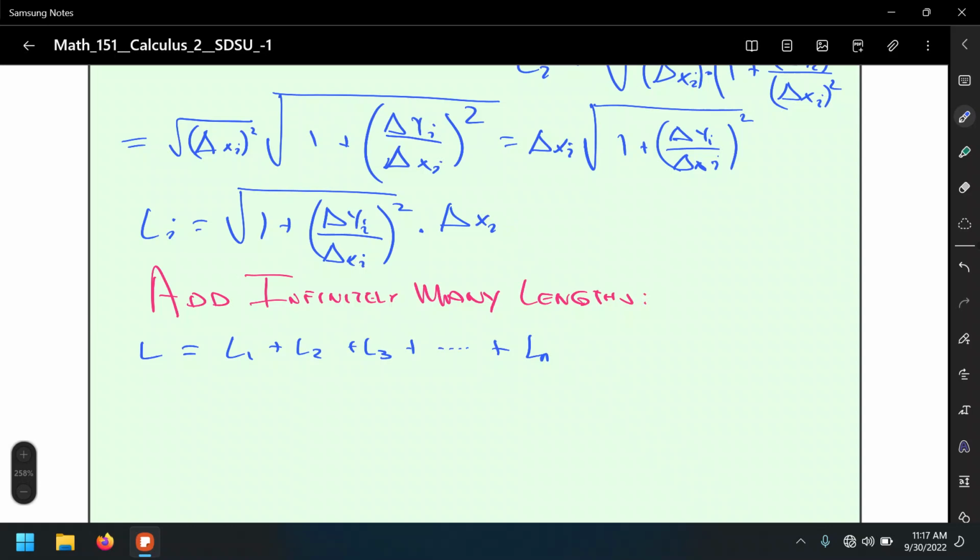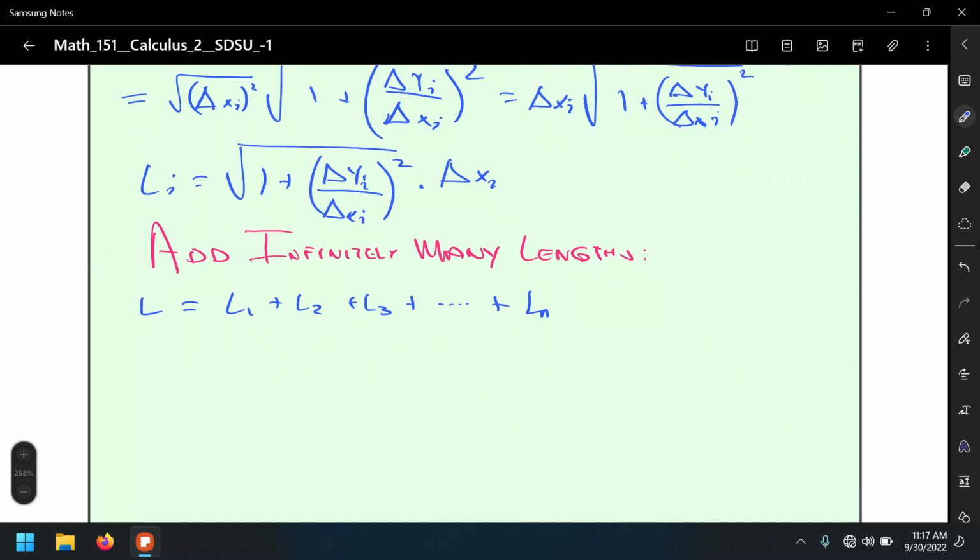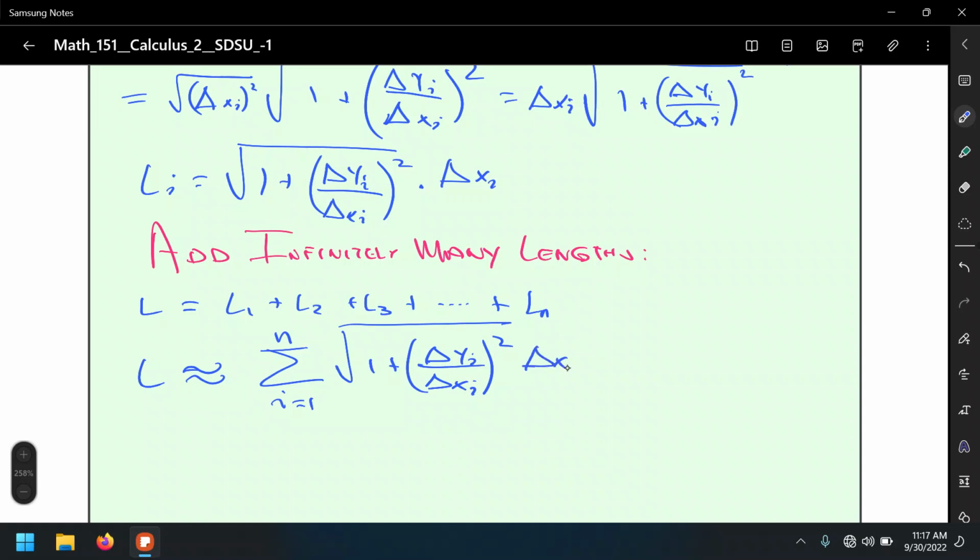Instead, I'm just going to represent this as, well, L will be approximately the addition of i equals 1 to n, square root of 1 plus delta y sub i over delta x sub i, times delta x sub i. So we're going to add the first length, the second length, the third length, the fourth length, many of them. Well, but in this case, this sum is a finite sum, not an infinite sum.